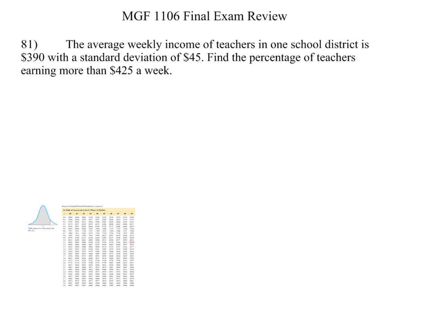Let's start this problem by assuming that the data comes from a normal distribution. I'm going to make a quick sketch of a normal distribution and a bell curve. In our case, we're given that the mean is $390 with a standard deviation of $45.